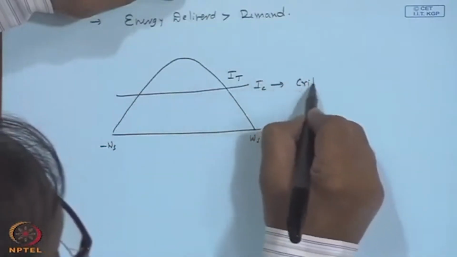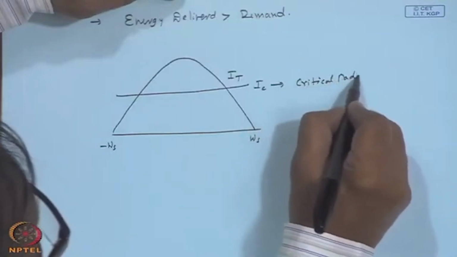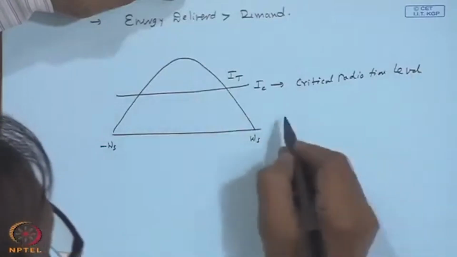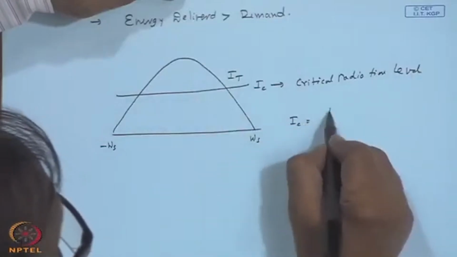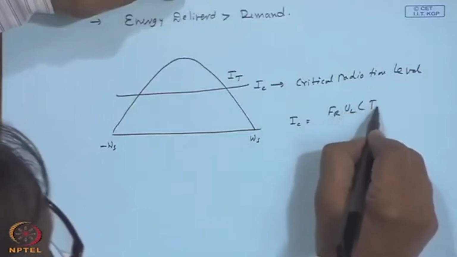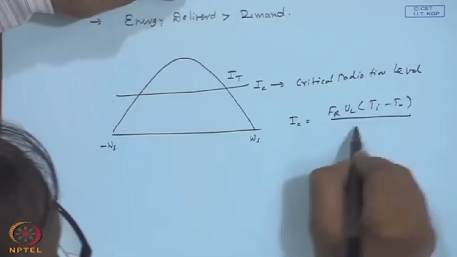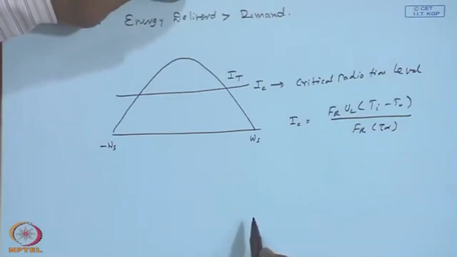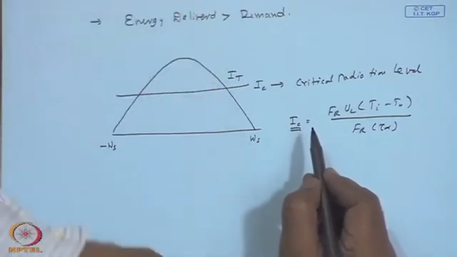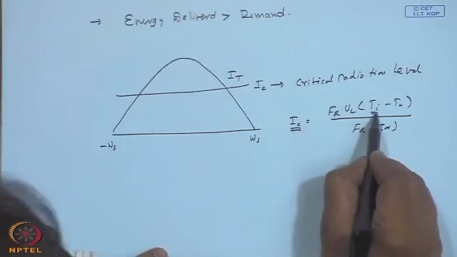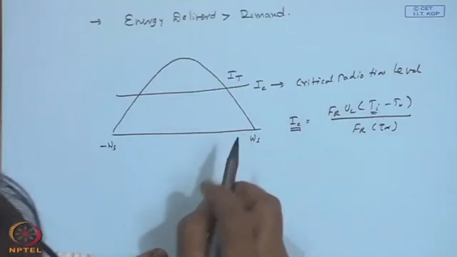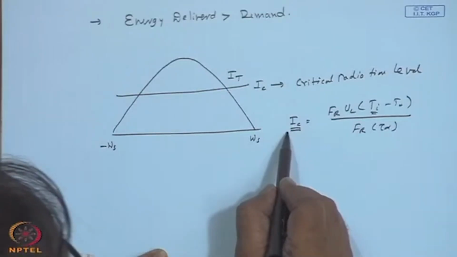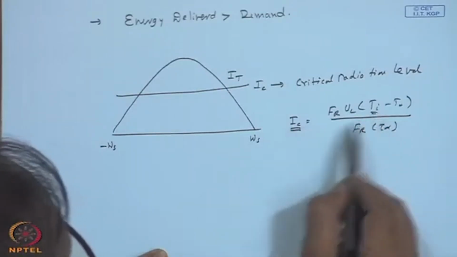This critical level is obtained as IC equal to FR UL into Ti minus Ta by FR tau alpha, which is nothing but the radiation should be above this critical level in order that there is a heating up to Ti. So, if you set the useful energy gain equal to 0, the minimum radiation required for the fluid to be heated to Ti is met.